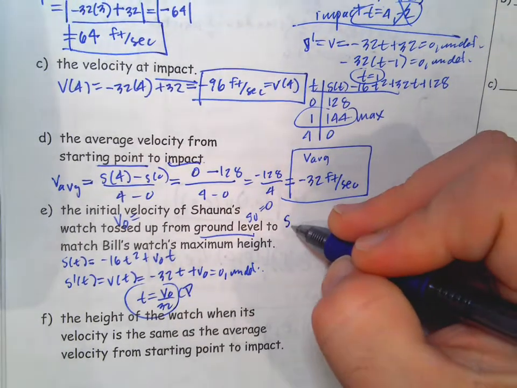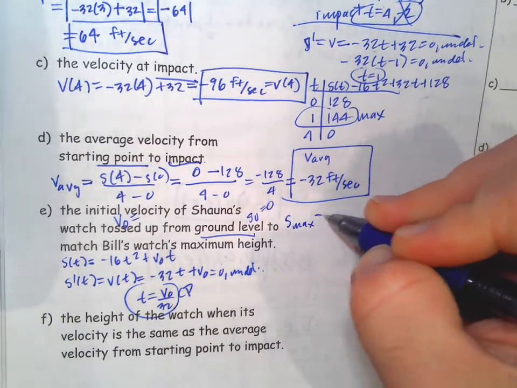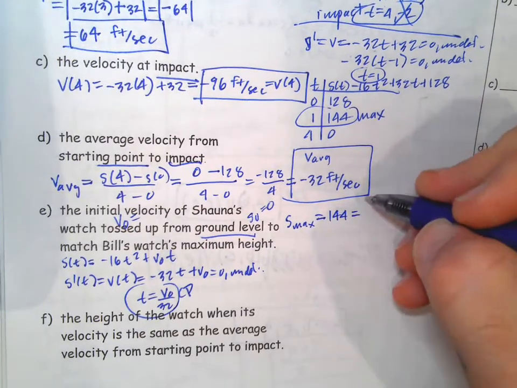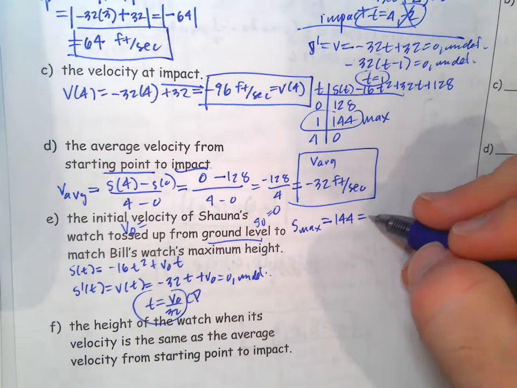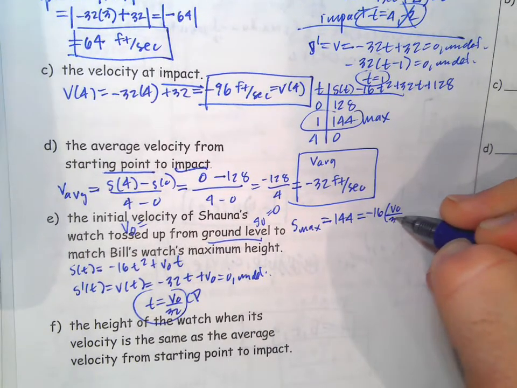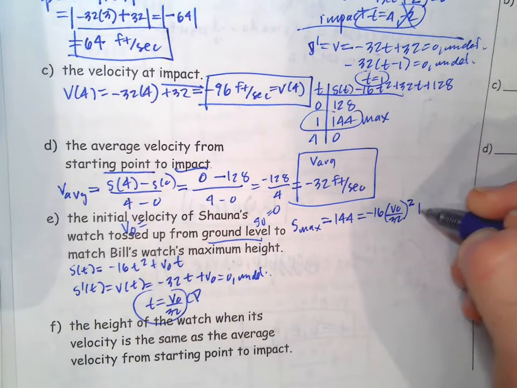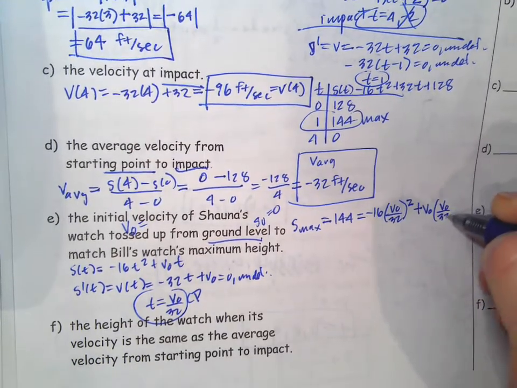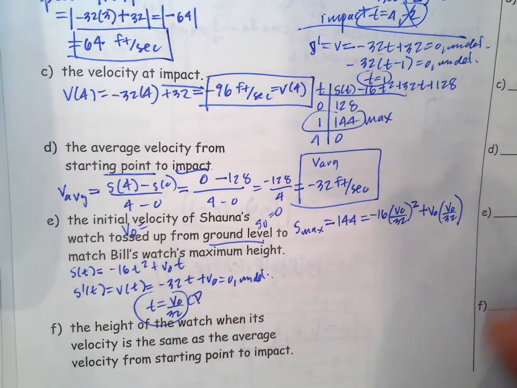So S max for Shauna should also be 144. And that should happen when we plug this into that equation, v naught over 32 squared plus v naught times v naught over 32. And this is looking really gross.